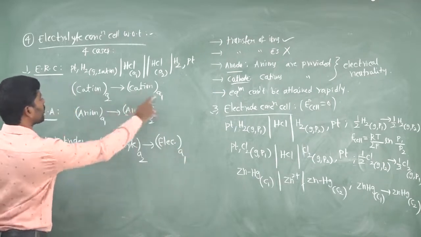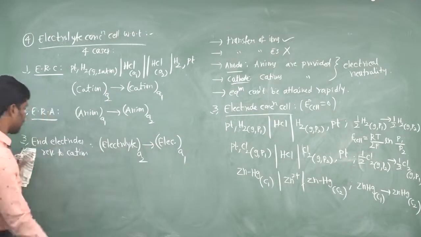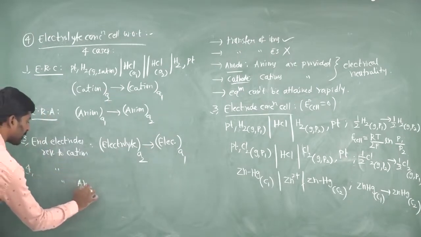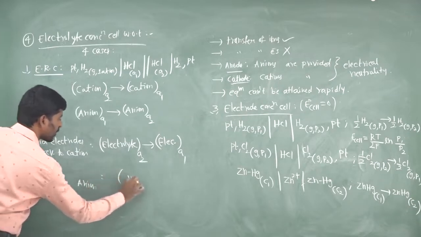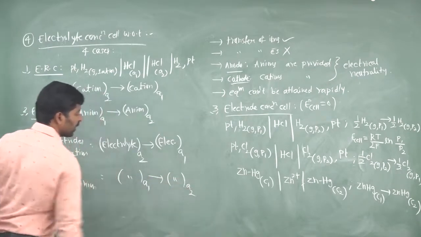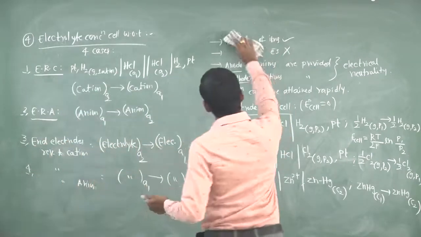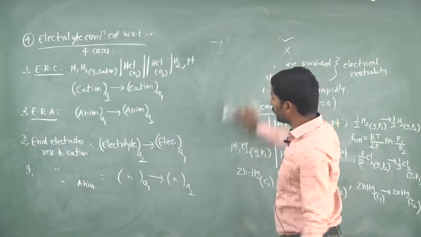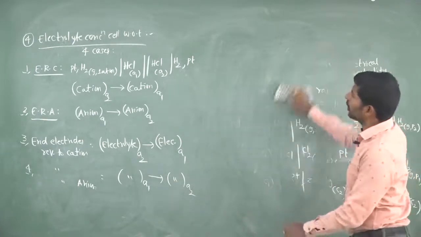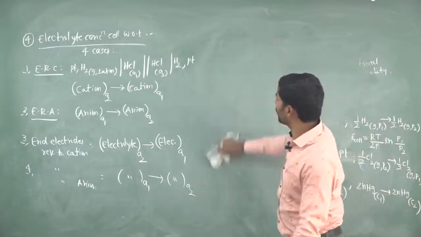See the difference here: also A2 to A1, but only one ion is involved there, whereas here both the ions are involved. If end electrodes are reversible to anion, what do we get? Electrolyte transfers from A1 concentration to A2 concentration. But you have to practice how to identify how a given cell comes under electrolyte concentration cell without transference, that you have to verify once.